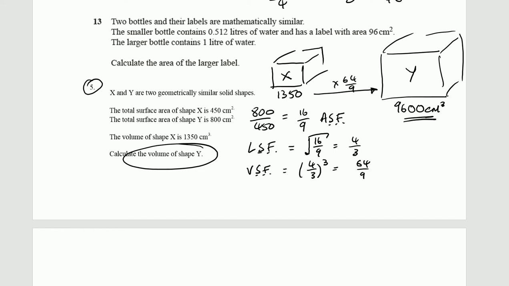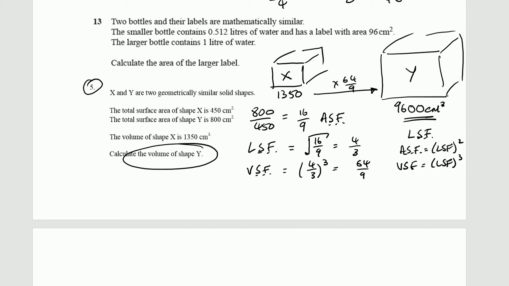So this is yet another question which plays with the relationship between length, volume, and area scale factors. And just to clarify again, whatever my length scale factor is, my area scale factor is my length scale factor squared. My volume scale factor is my length scale factor cubed.